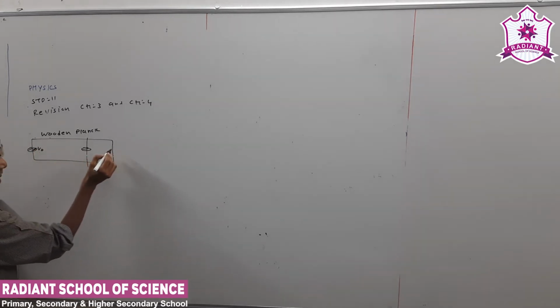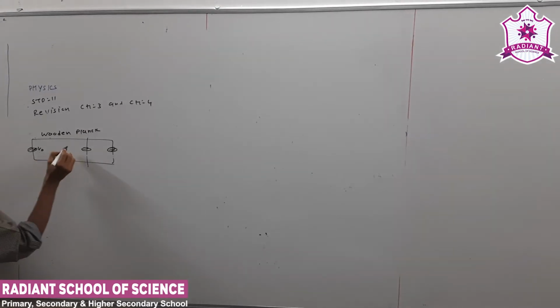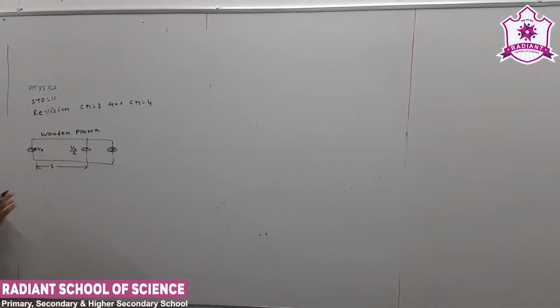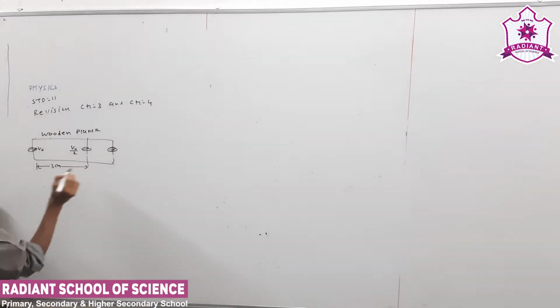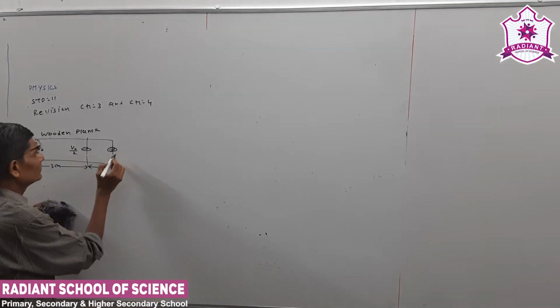Due to resistive force, its velocity becomes half of the initial velocity, and let us say the distance covered is 3 centimeter. Now how much further distance will it cover when its velocity becomes 0?